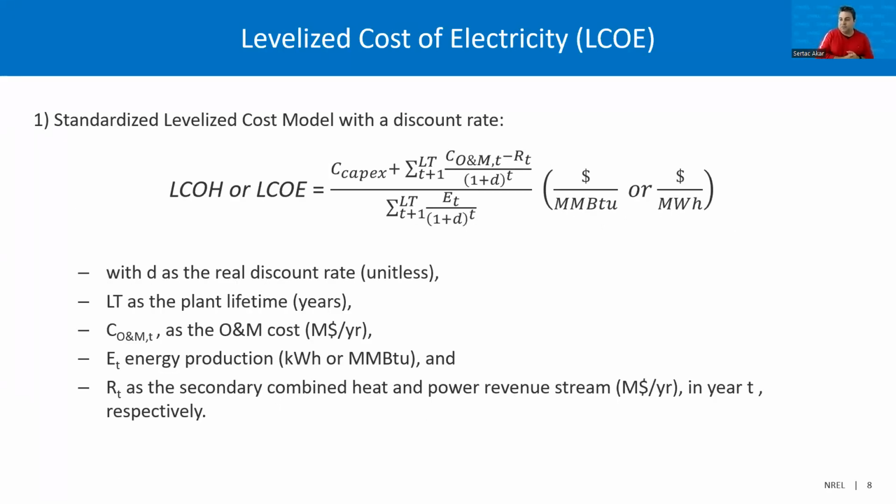So there are a couple of slides which have some formulas. The first one is going to be the LCOE or LCOH. So technically, as I explained, this is the sum of the capital cost during the installation of the plant, plus the O&M cost throughout the lifetime of the plant, minus, this is the optional part, if there's a secondary revenue.